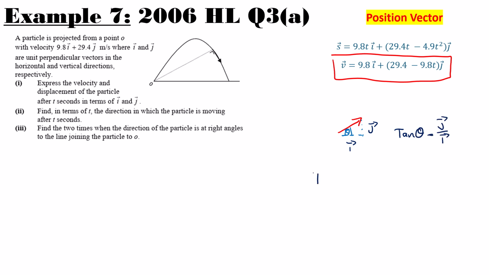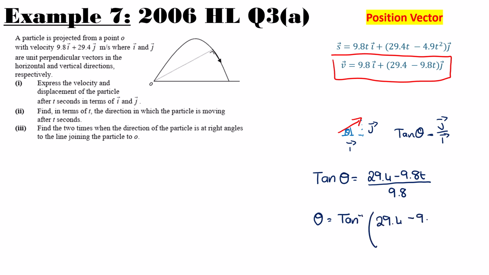So our tan of this angle is going to be the j, so 29.4 minus 9.8t all over 9.8. So the actual direction, we're going to use tan inverse of 29.4 minus 9.8t all over 9.8. So this is the direction the particle is moving.